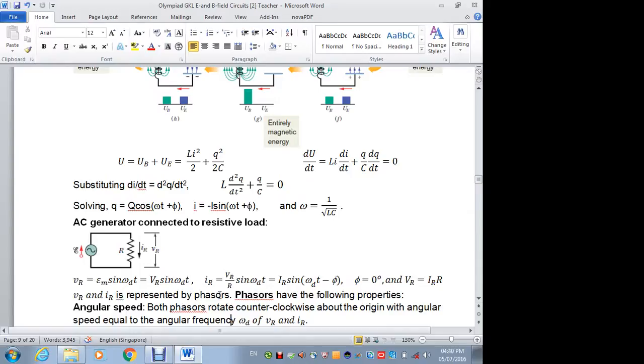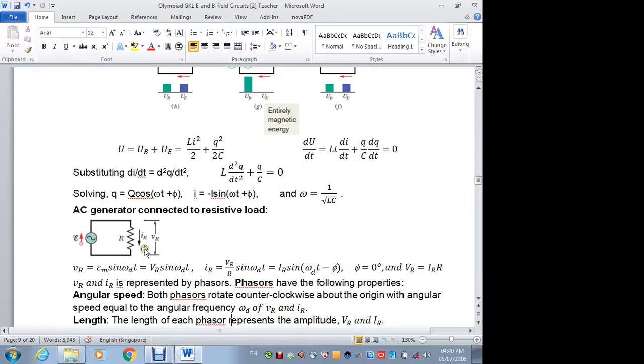Phasors have the following properties. Angular speed, which is the term omega. The phasor always rotates anticlockwise, or counterclockwise, and the speed of rotation is omega.